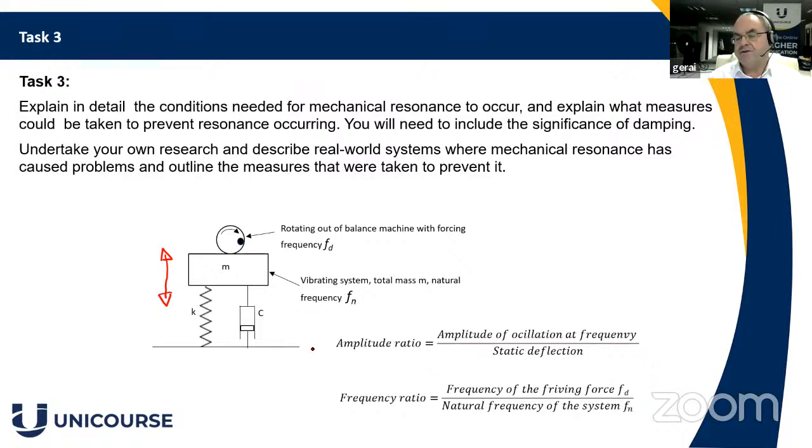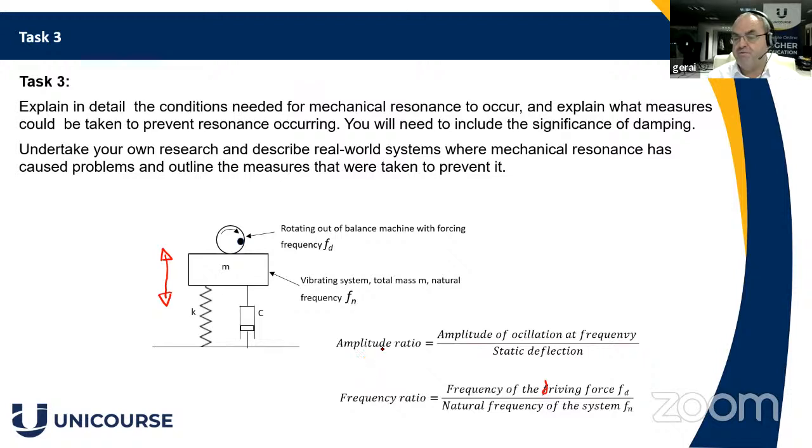We also have this other factor called the frequency F of the driving force. Should be a D in there, shouldn't it? Of the driving force, FD. So that's the frequency of this driving force, the rotating out of balance machine. We don't know what it is at the moment, and we don't really want to know either at the moment. And that's the ratio of the driving frequency over the natural frequency of the system, which is Fn.